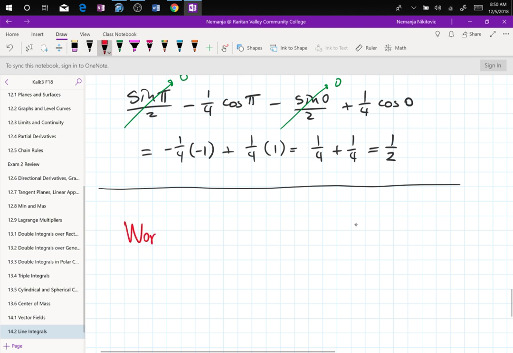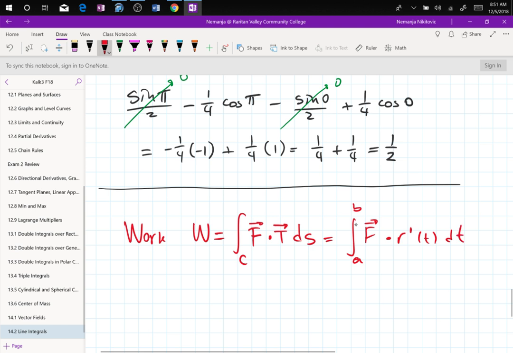So work, W, is equal to the integral on the curve C of F dotted with the tangent vector ds, which we can write as the integral from a to b of the vector field F, which is what provides the force, times r prime of t dt.